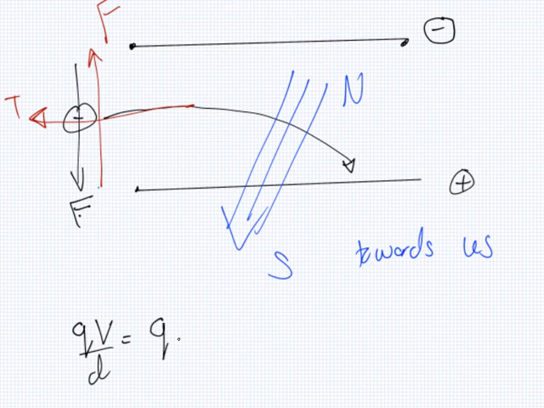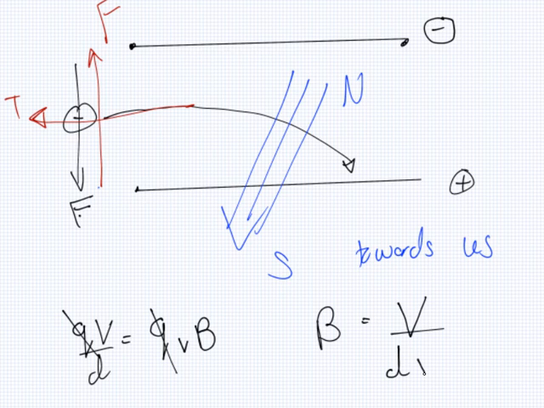QvB. It's the B they're looking for, isn't it? The magnetic flux density. So the B, well, these cancel, is equal to V voltage over D distance times v velocity. That v is for velocity.